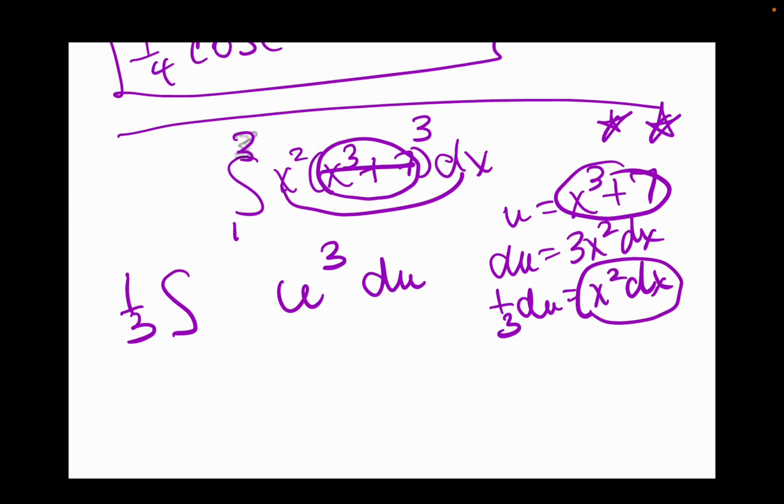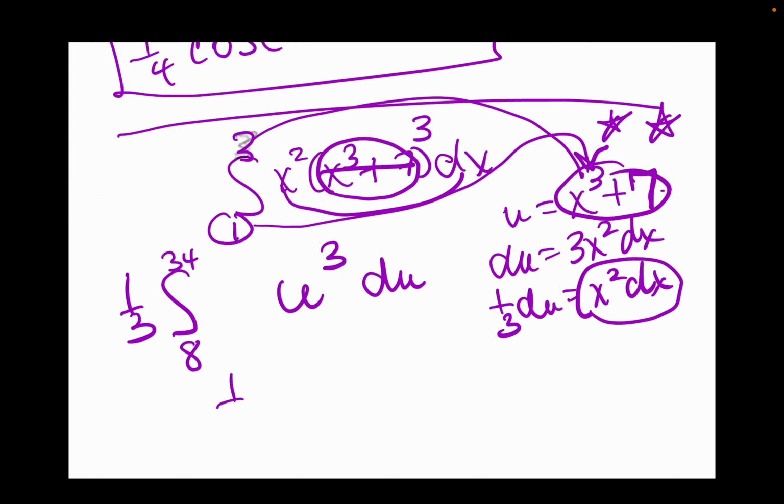Now, I'm also going to change my limits of integration to fit u. So I'm going to fill in 1 for x, and I get u is 1 plus 7, 8. Then I'm going to fill in 3 for x, and I get 27 plus 7, which is 34. It's not the best example because these numbers are getting pretty big.